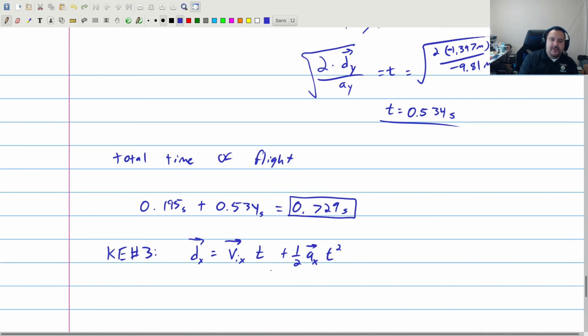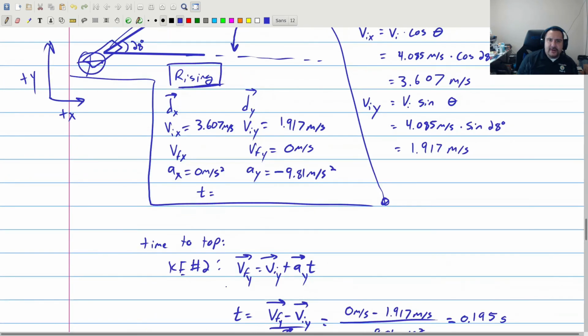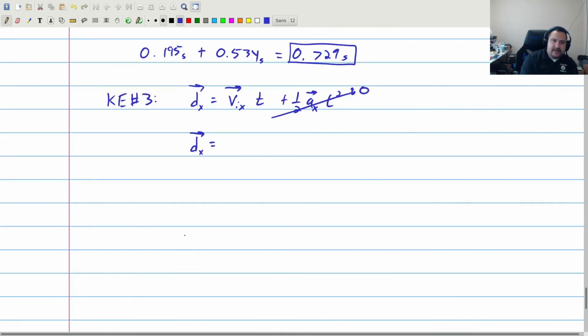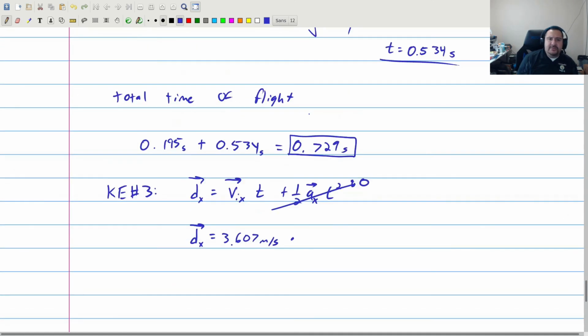I know this piece is going to be 0 because ax is 0. So displacement x is equal to v initial x, which we solved way up here somewhere, 3.607 meters per second, times, well, which time do I use?